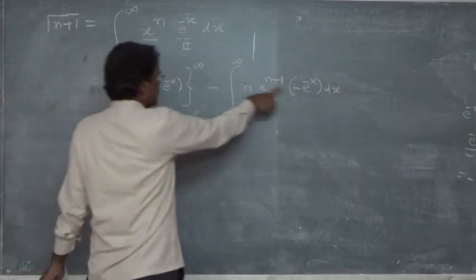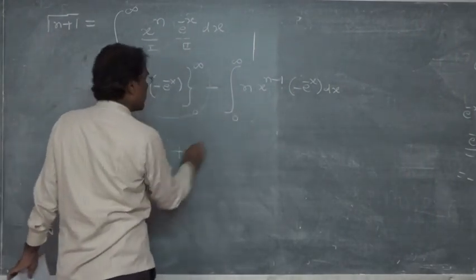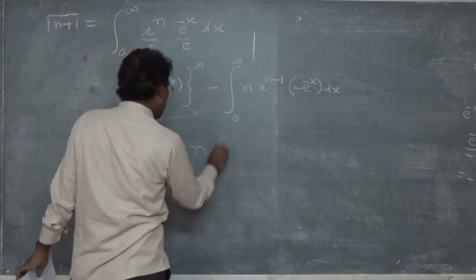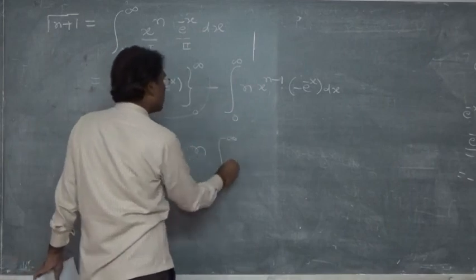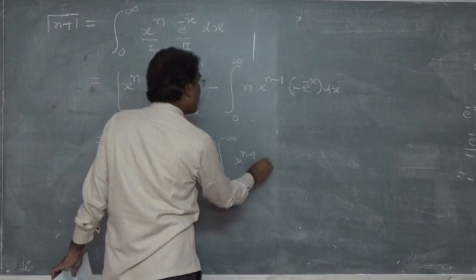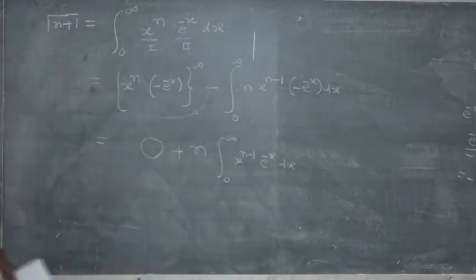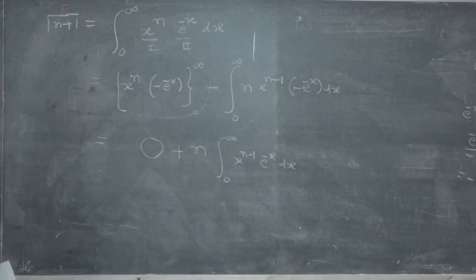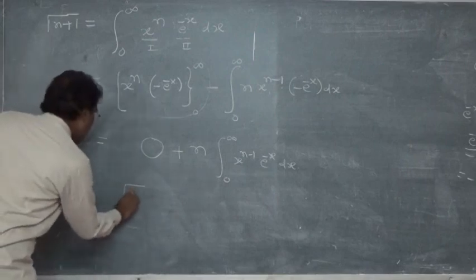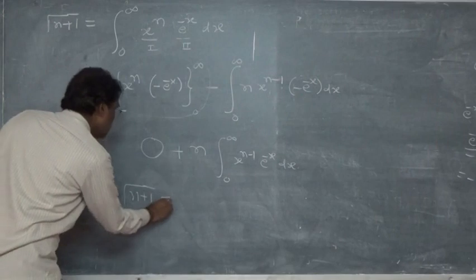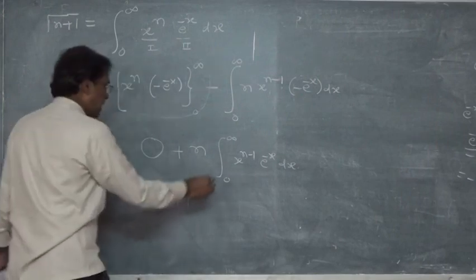So now minus minus becomes plus, and the constant n you take outside: integral from 0 to infinity of x raised to n minus 1 e raised to minus x dx. So the LHS is gamma n plus 1, which equals n as it is.